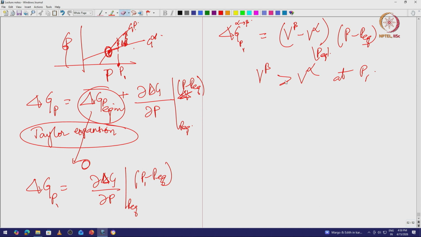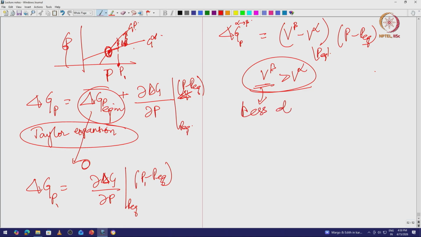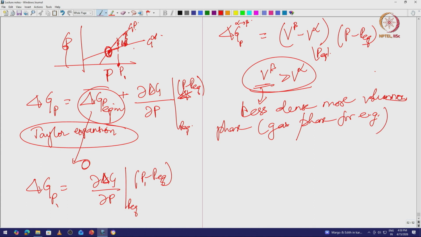V beta is in general greater than V alpha, not necessarily only at P1, and that is just by virtue of beta being a less dense, more voluminous phase, like a gas phase for example. And alpha is a more dense, less voluminous phase.